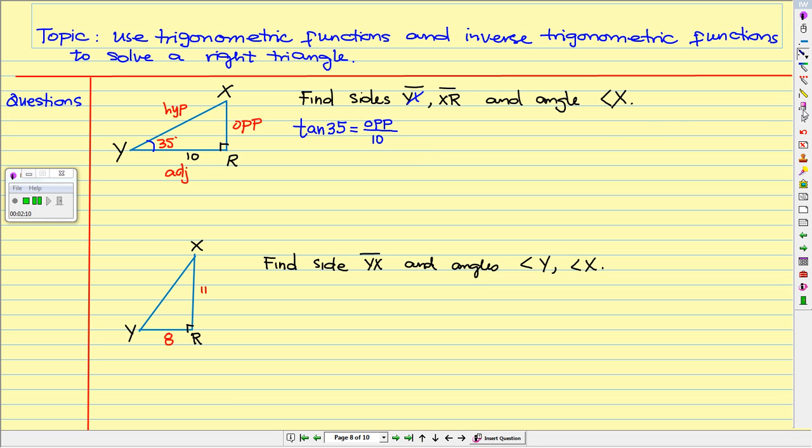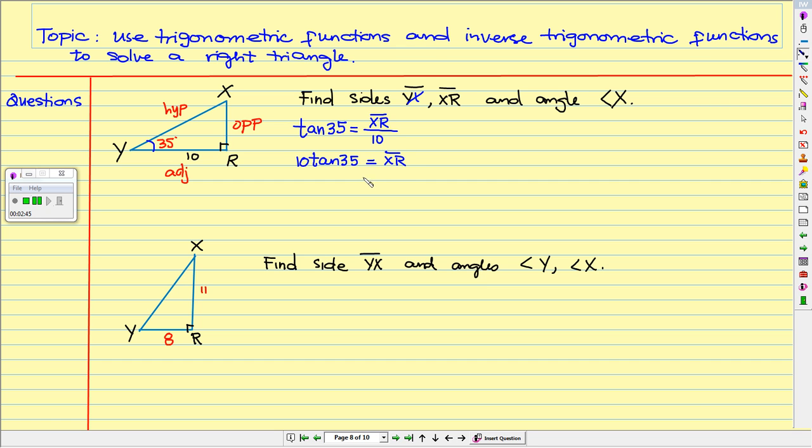If we want to be more precise, we can replace the opposite by the side XR. Now we just need to multiply both sides by 10. So we have 10 times tangent of 35 degrees is the side length XR.